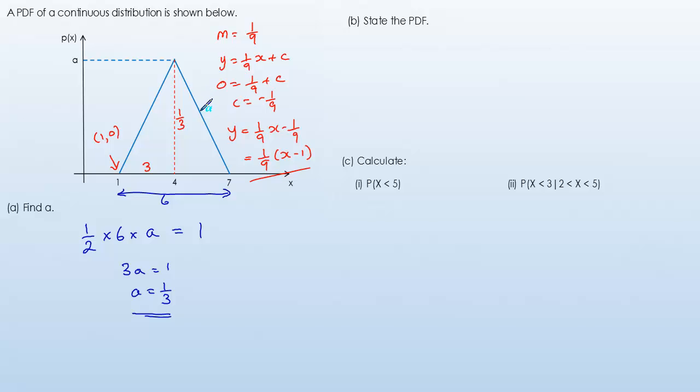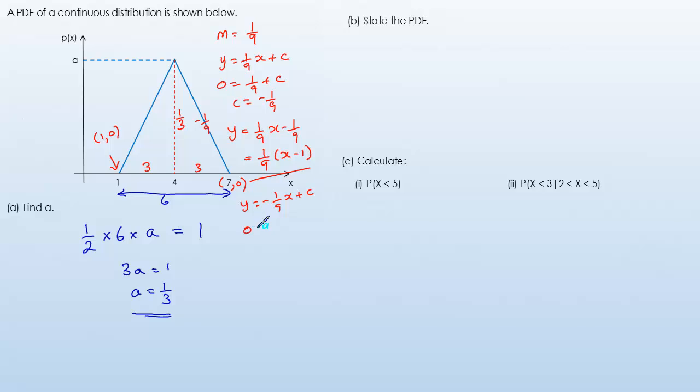We also need this one here, and we can see that this is the point (7, 0). And since this is 3, the gradient here must be negative 1/9. So y is going to be negative 1/9 x plus a constant.